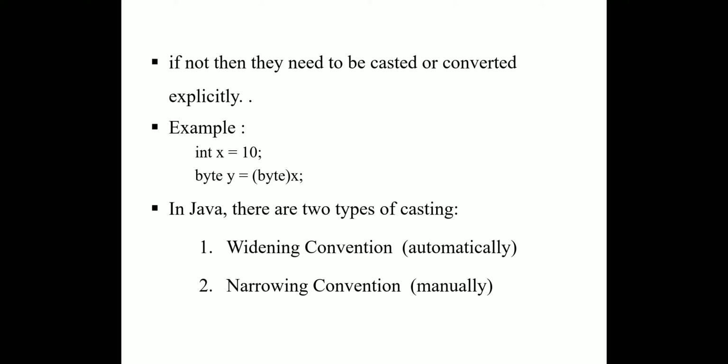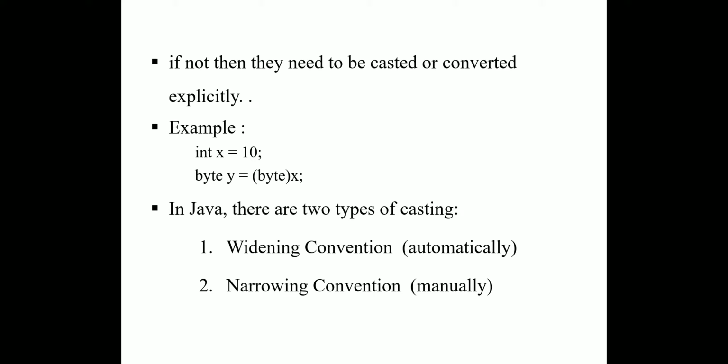Here I am going to assign the x variable to the byte y. It means here I am going to convert an integer data type to byte. I hope you understand.